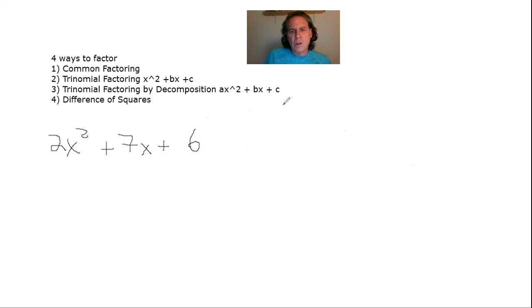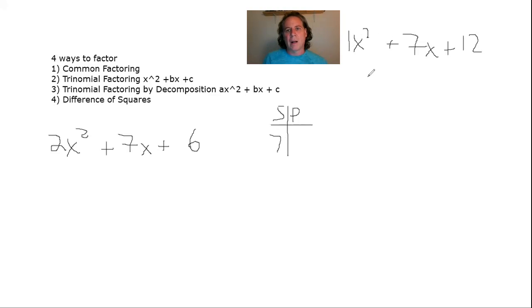In this case, when we do our sum and product chart, our sum is still the 7, the coefficient of the x term. But our product is 2 times 6, which is actually the same as before when I had x squared plus 7x plus 12. That x squared, since there's nothing in front of it, is automatically a 1, and my product is 1 times 12.